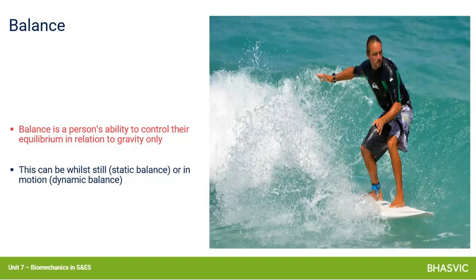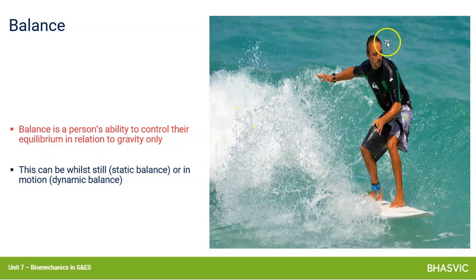Now, many of our sports require us to balance or to be balanced. Gymnastics, obviously, there are examples. The balance might be static balance or dynamic balance, whilst we're stood still or whilst we're moving. If you think of beam work, on some examples on the beam, they're trying to be in a stationary position, holding a certain position and keep balance, and sometimes they're travelling along the beam and having to maintain balance in that way.